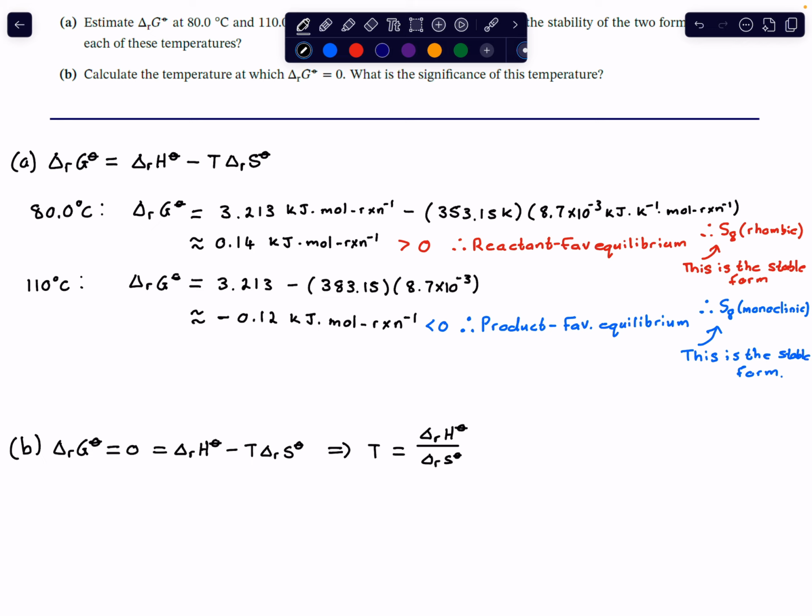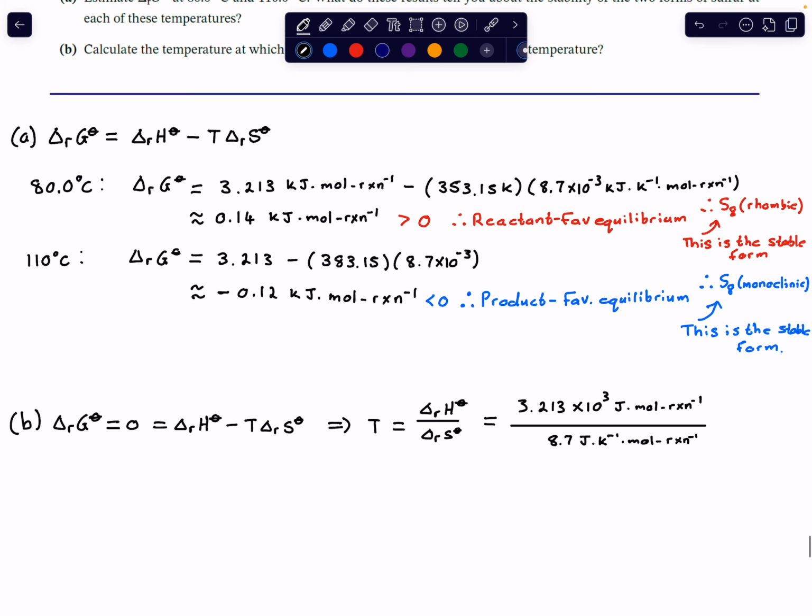And if you solve for that, then it will be 3.213. Of course, it's kilojoules, so let's just make it joule for this time. So make it 3,213 joule per mole reaction. And entropy, it's 8.7 joule per Kelvin per mole reaction.